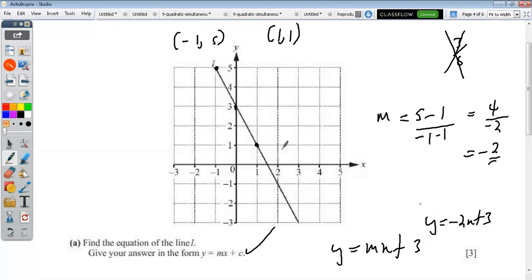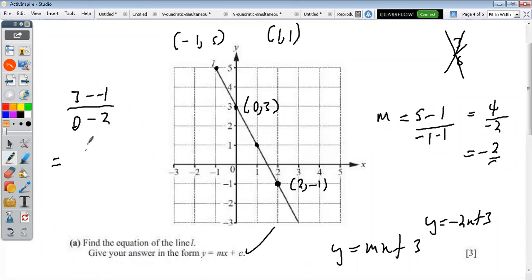Let's pick different points and prove that the gradient will be the same. This one is 2, minus 1. Any other point, we can pick this point, which is 0, 3. Now let's do the same. So it's 3 minus minus 1 over 0 minus 2.